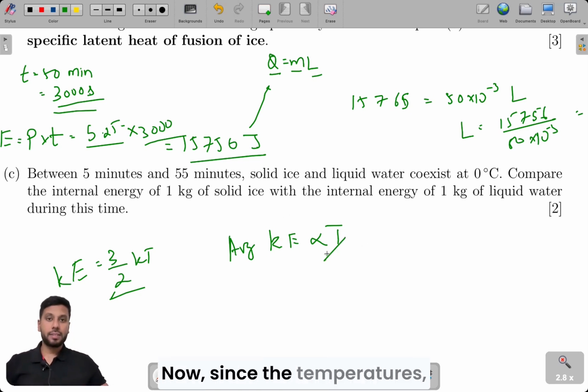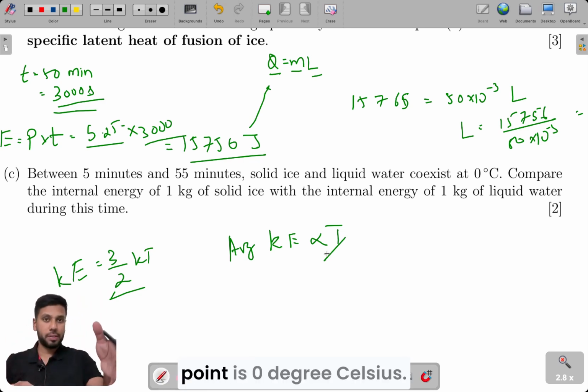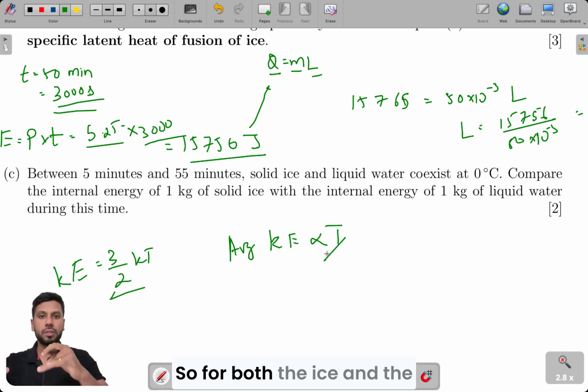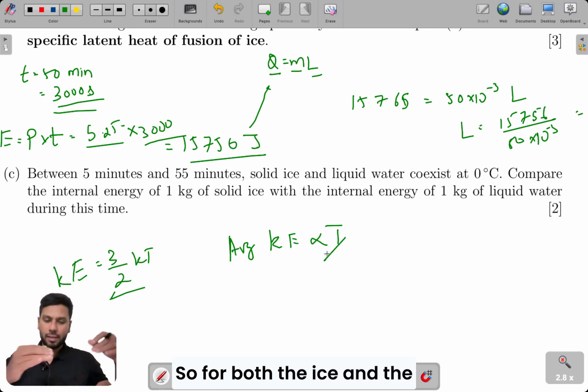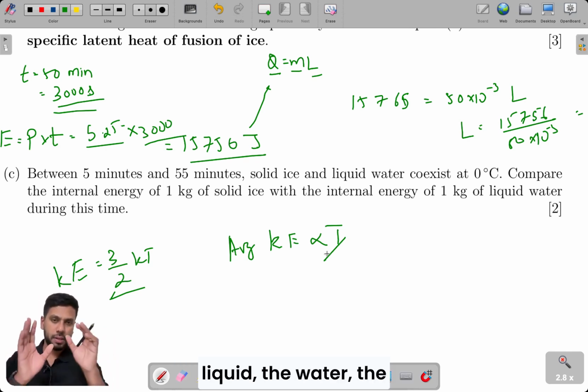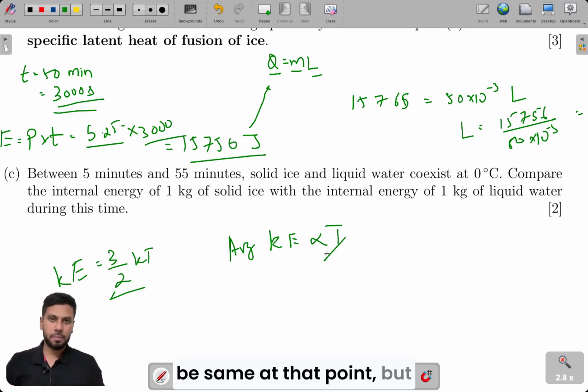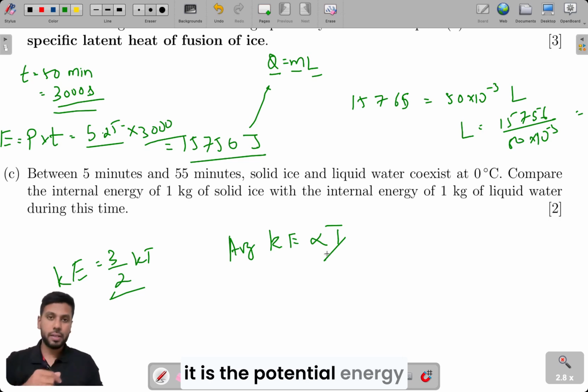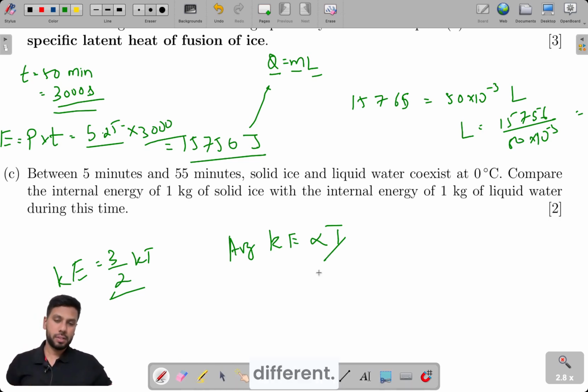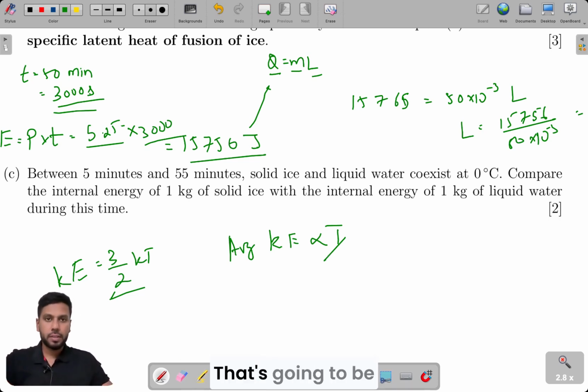Since the temperature at this point is 0 degrees Celsius, for both the ice and the liquid water, the kinetic energy is going to be the same. But it is the potential energy that's going to be different.